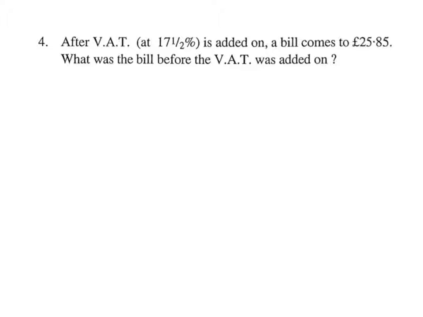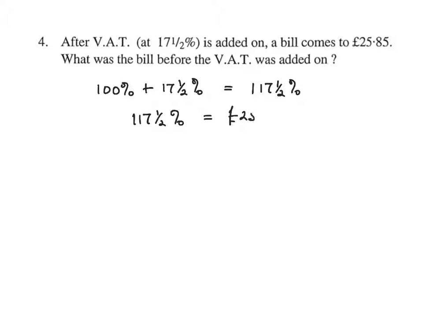Question 4 is a similar question. We had the original amount of the bill, and then 17.5% was added on to it. So we've got 117.5%. 117.5% equals £25.85. We'll do exactly the same thing we did.